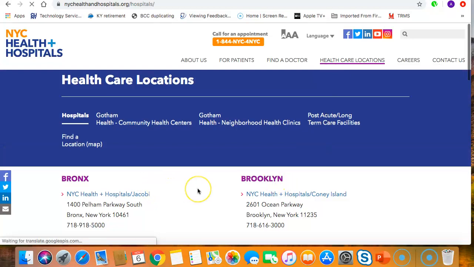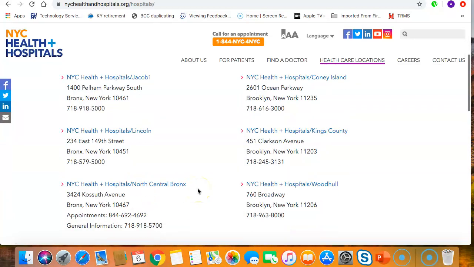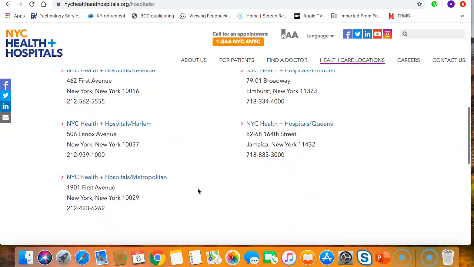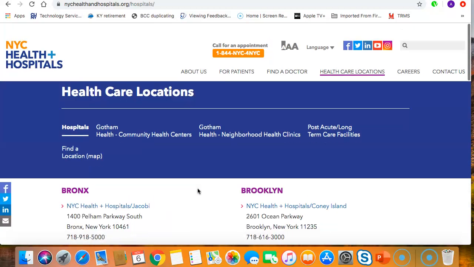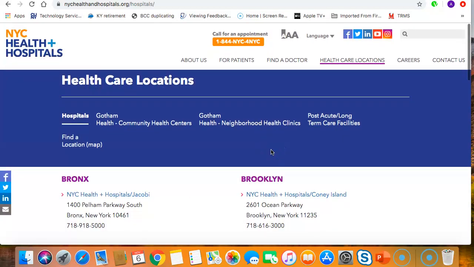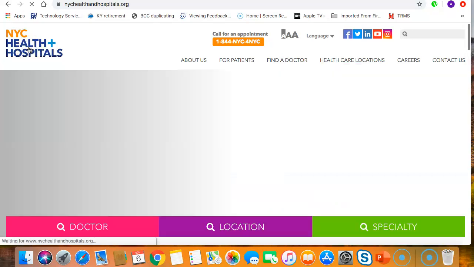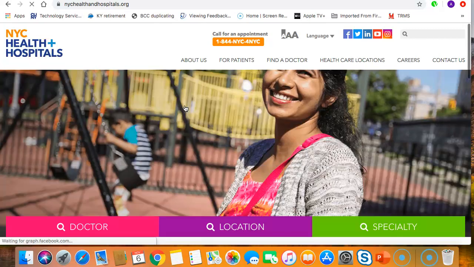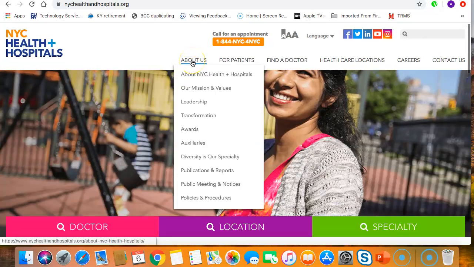You have all these campuses from the different boroughs, right? So I am going to use, again, this integrated delivery system to illustrate the leadership, the organizational structure.